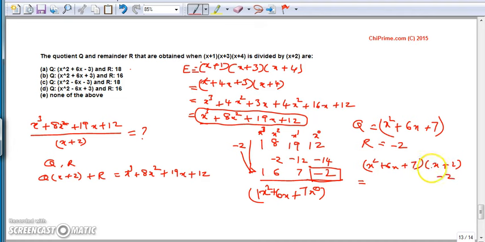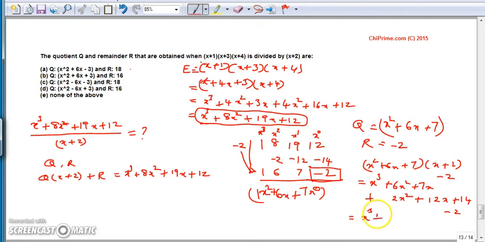So let's expand this. x squared plus 6x plus 7 times x plus 2. That's x cubed plus 6x squared plus 7x plus 2x squared plus 12x plus 14 minus 2.